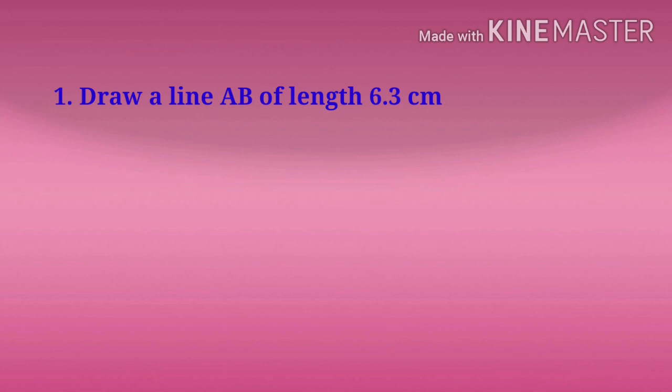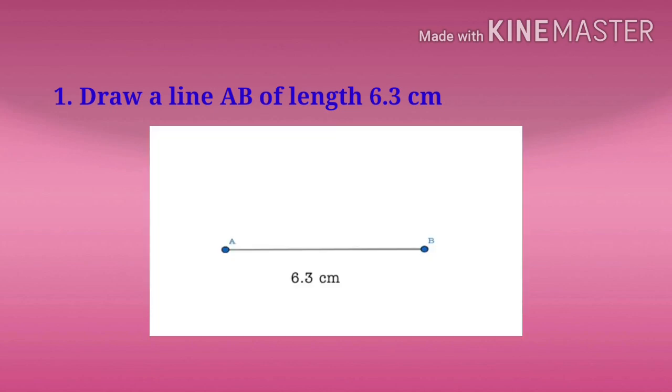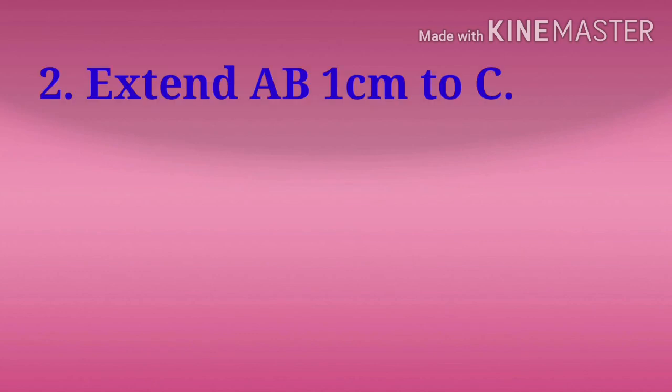So the first step is, draw a line AB of length 6.3 centimeter. That is the given number 6.3. You have to take your scale and draw that line AB of length 6.3 centimeter. Second step, extend AB by 1 centimeter. Length of AB is 6.3.